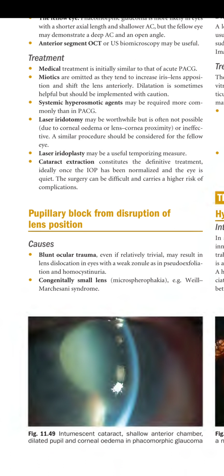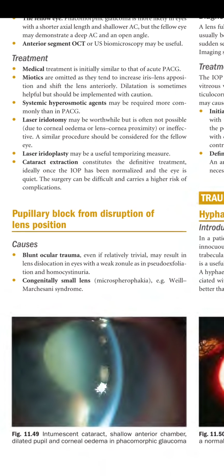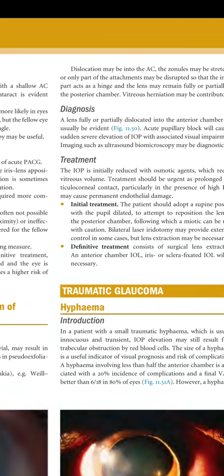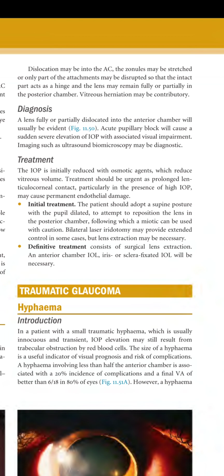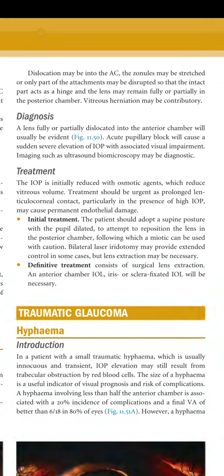During blunt trauma you can also get dislocation or subluxation of the IOL. In Weill-Marchesani syndrome, there is a small lens that is causing the pupillary block. Dislocation may be into the AC, the zonule may be stretched, or only part of the attachment may be disrupted, so that the intact part acts as a hinge and the lens may remain fully or partially in the posterior chamber. Vitreous herniation may be contributory.